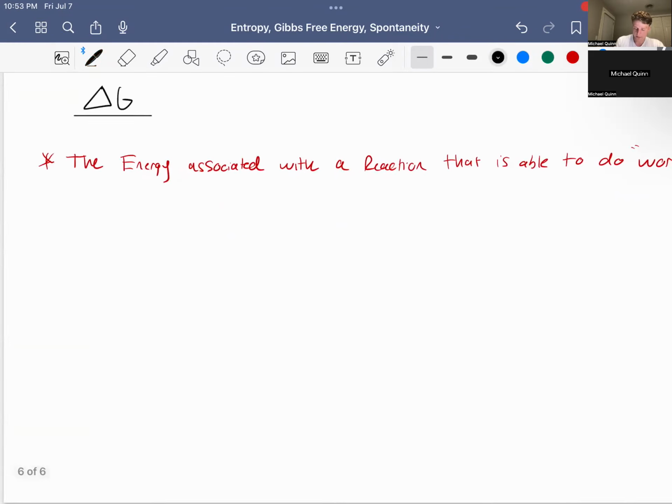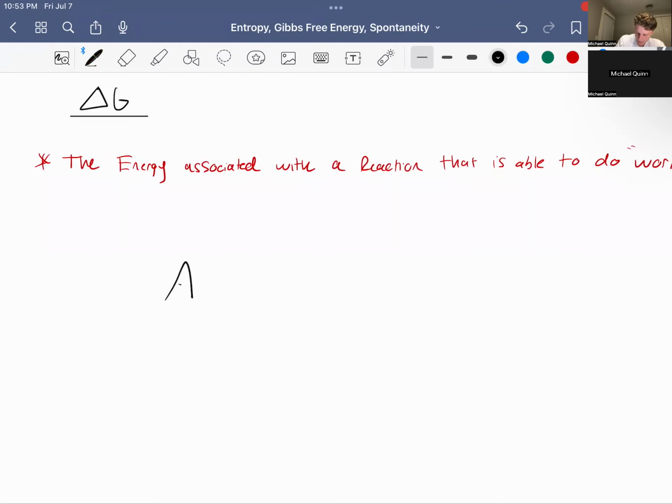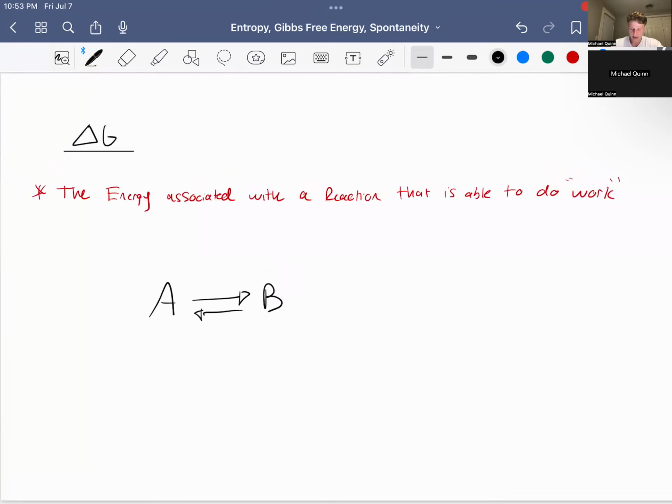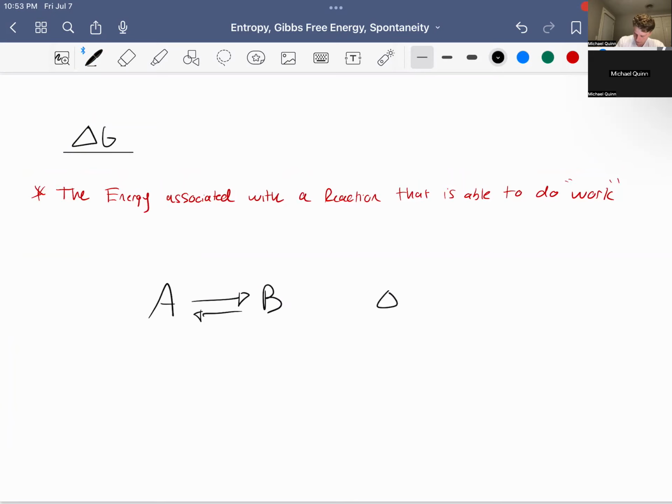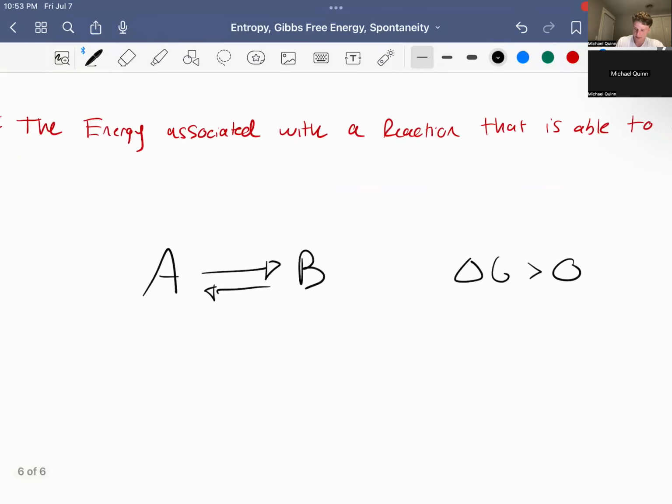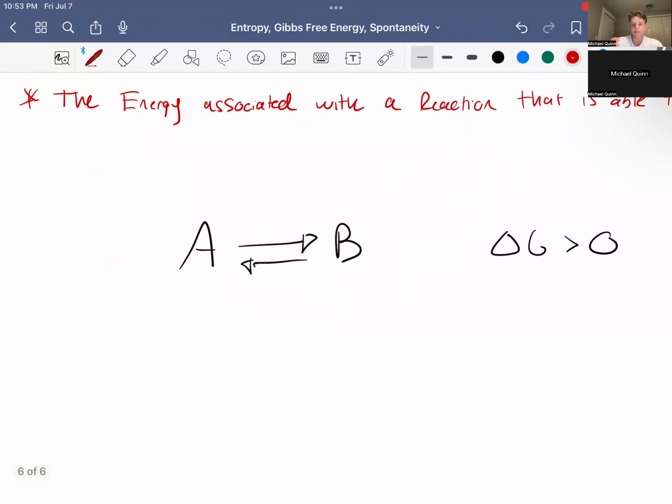So what does this mean? If we have a reaction, A goes to B, and say we are at equilibrium in this reaction, we can have a couple different delta G values for this reaction. If delta G for this reaction is positive, that means that this reaction needs a positive amount of energy in order for it to run.